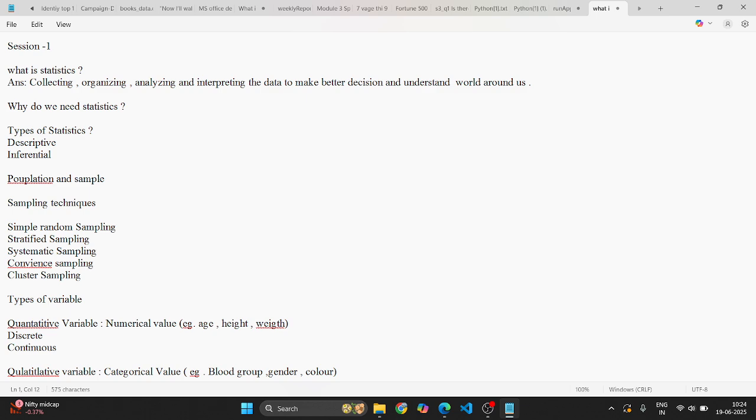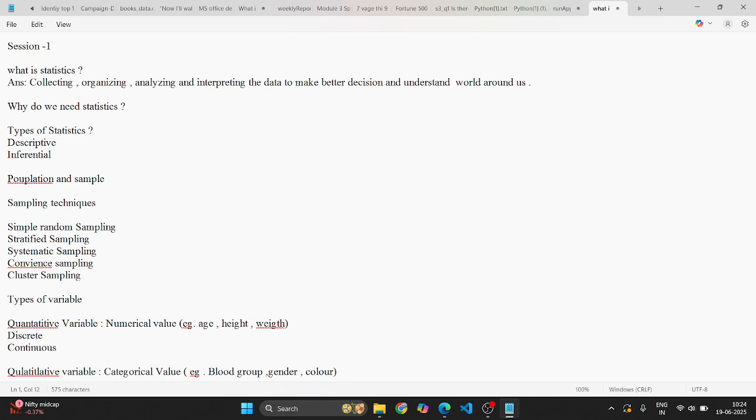Then we studied the sampling techniques. The first one is simple random sampling. In that, every outcome has an equal chance of being selected.